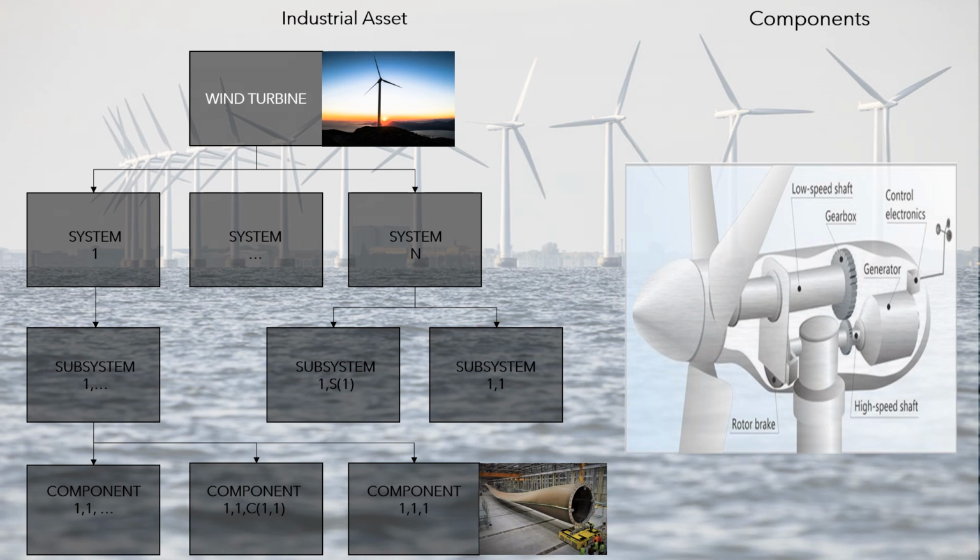This allows you to establish a hierarchical structure, which describes the entire asset based on the integration of components. As an example, we present how a wind turbine could be visualized.